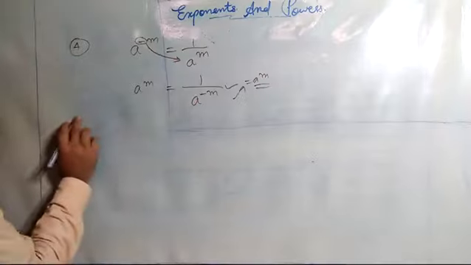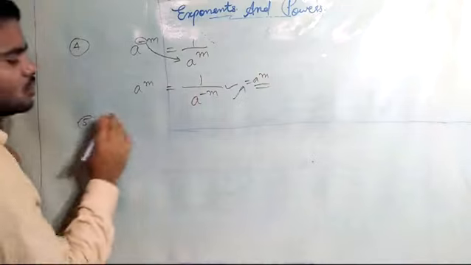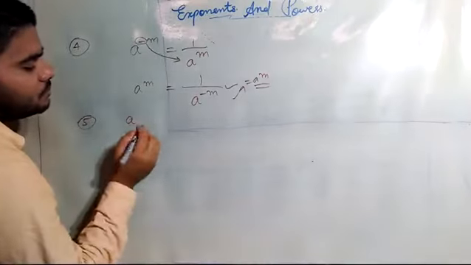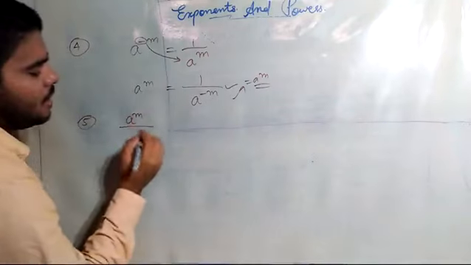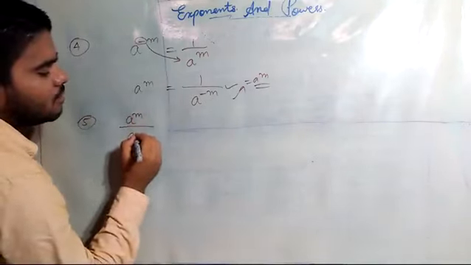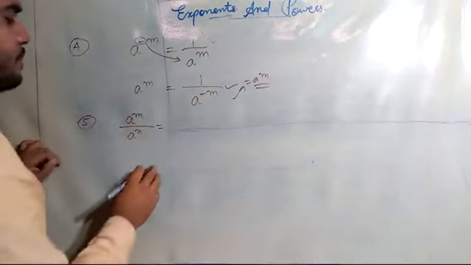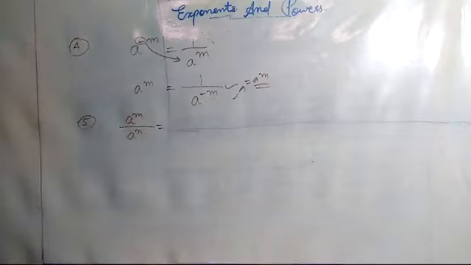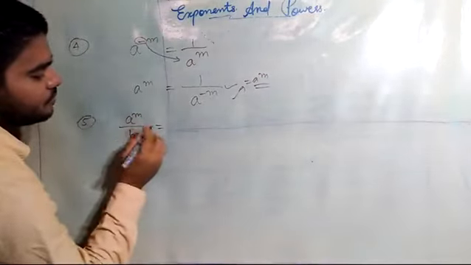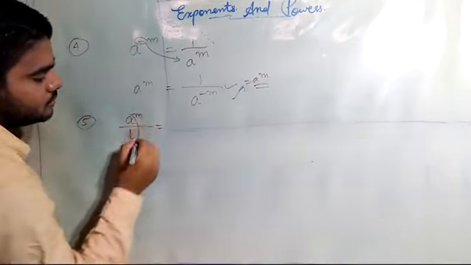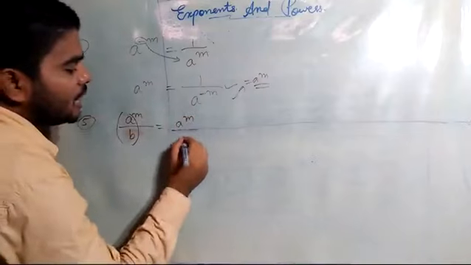Now the second, that is the fifth one according to me and the second law according to the book. If I have a raised power m divided by b raised power m, a by b raised power m can be written as a raised power m by b raised power m.